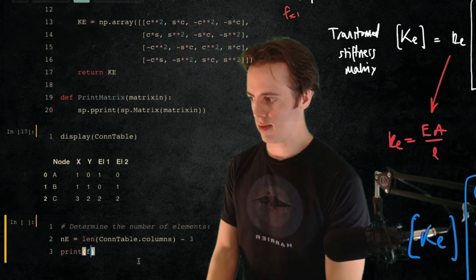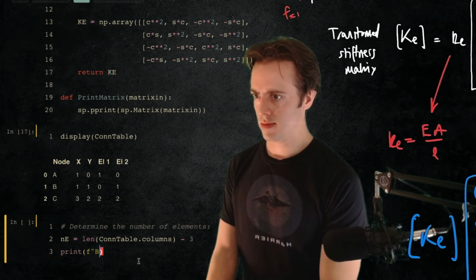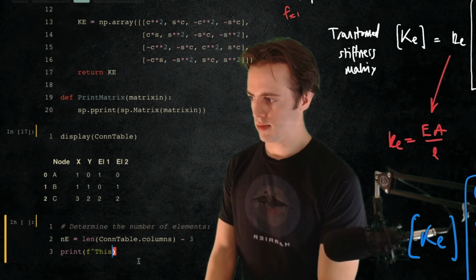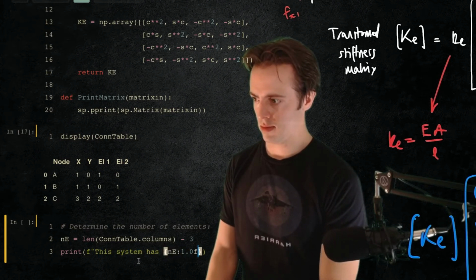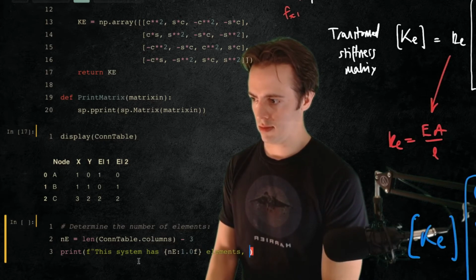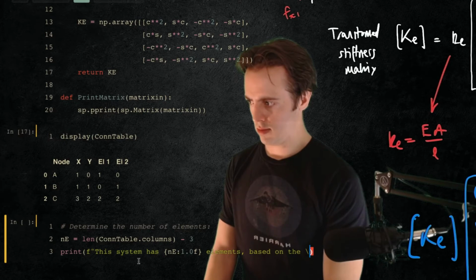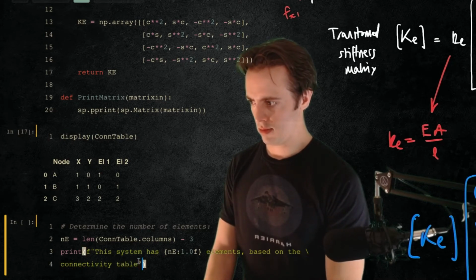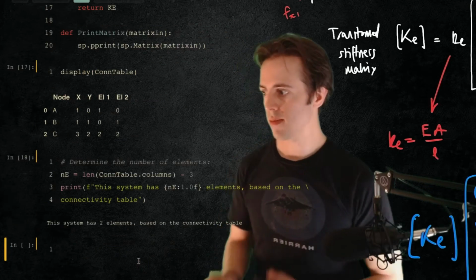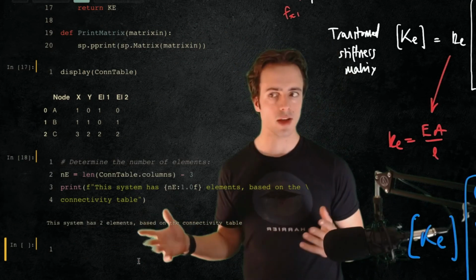So then we do a print. Okay, system has 2 elements based on the connectivity table.